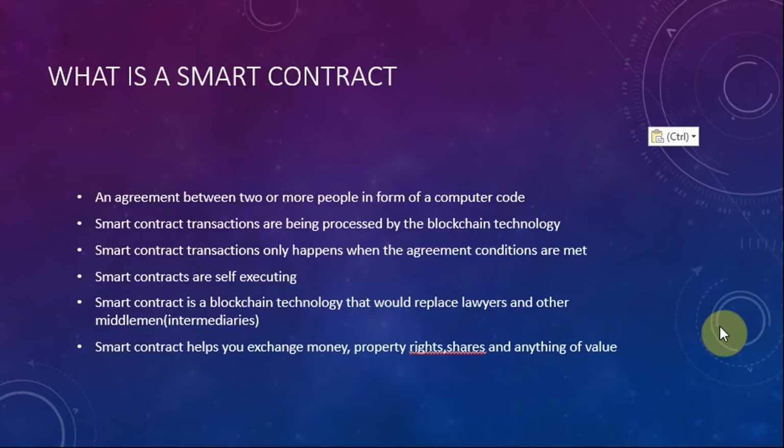Now with blockchain technology, these middlemen will be completely replaced or reduced significantly, because the rules in the smart contract will actually replace these lawyers. These are agreements that will be written in code and stored on the blockchain.